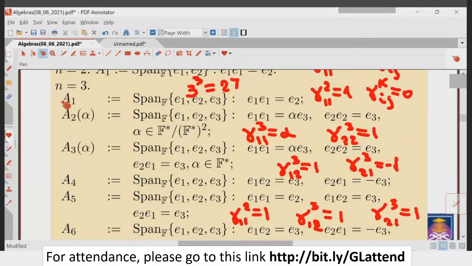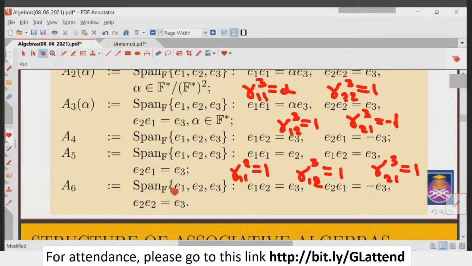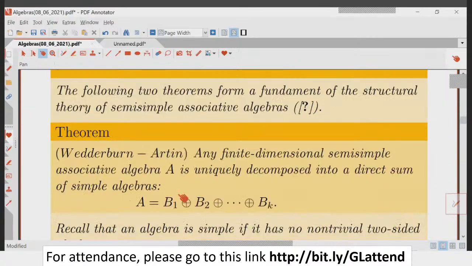So in general you have infinitely many algebras, but these 6 algebras are not isomorphic to each other. Then for different values of alpha from this class, they are also not isomorphic to each other. These also. So for different values of alpha, you have different associative algebras. Overall, you have infinitely many associative algebras in dimension 3, provided that your field has infinitely many elements.